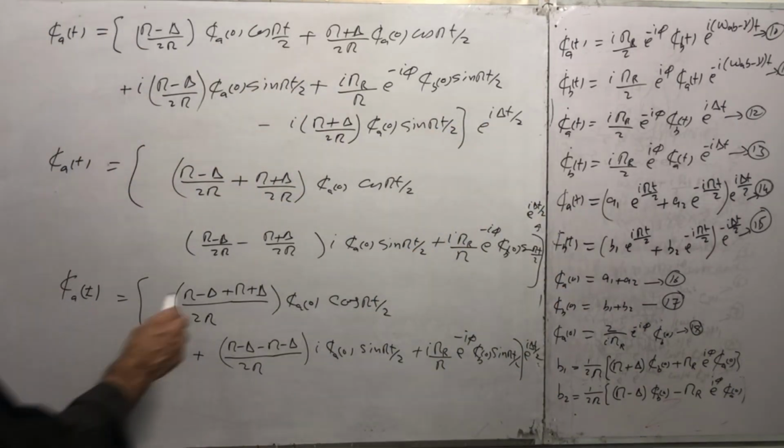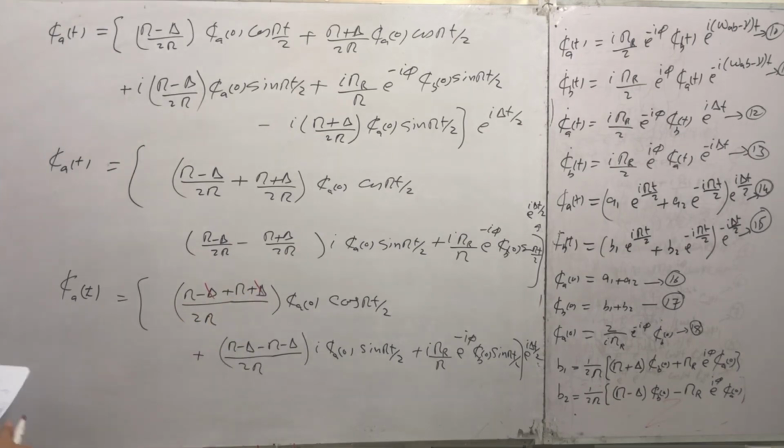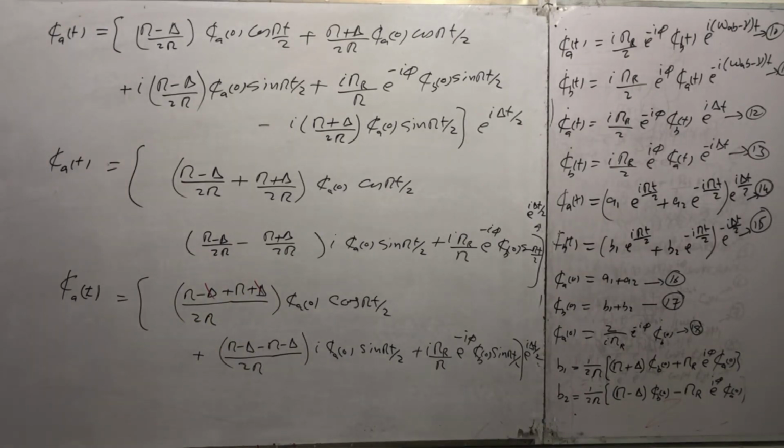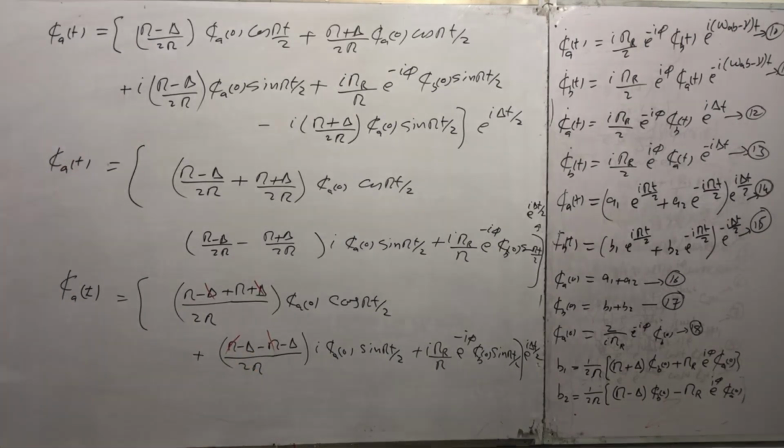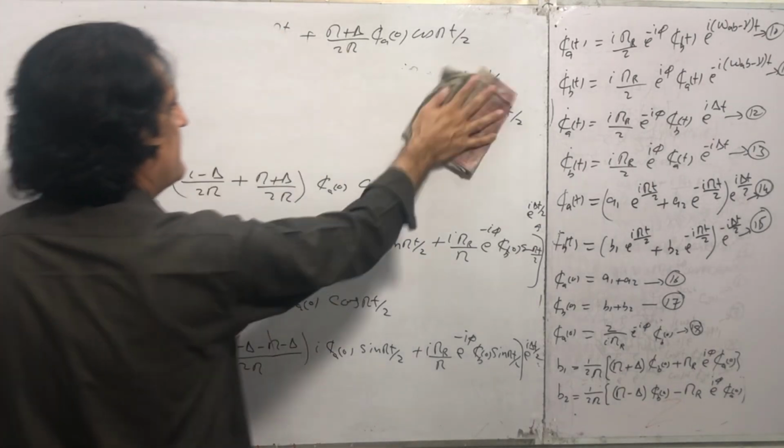Here this Δ and this Δ can be cancelled out, and similarly this ω and this ω can be cancelled out, and we have the final equation as.